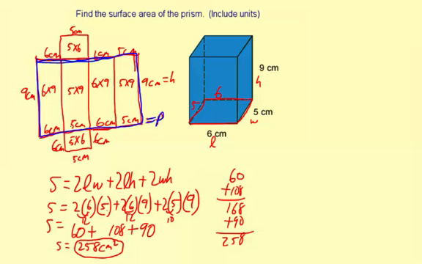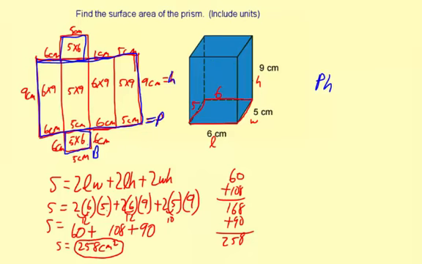And we already said that going across the bottom here is the perimeter of the base rectangle here, and this is the height, this 9 centimeters. So the area of that is really the perimeter times the height. So if you know the perimeter of the base and then the height, that'll give us this area of the big rectangle. And what's this area down here? This is the base area, B. And there are two of those.